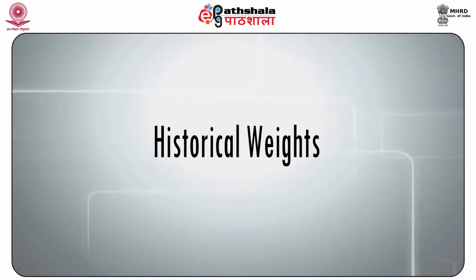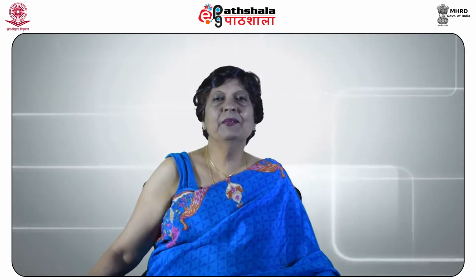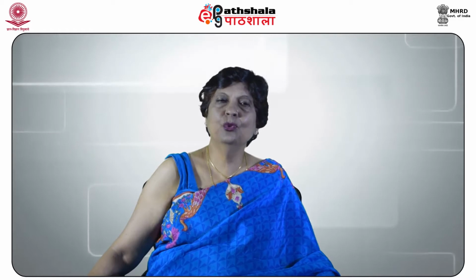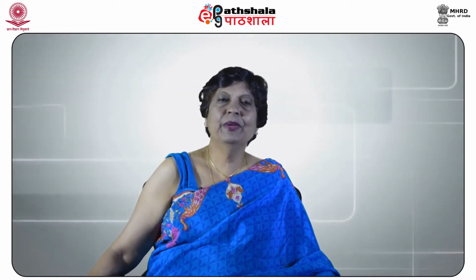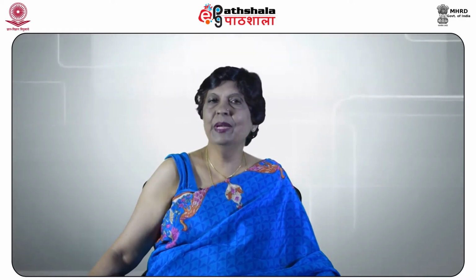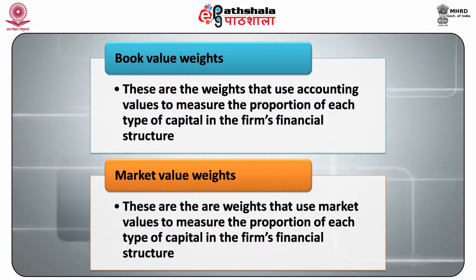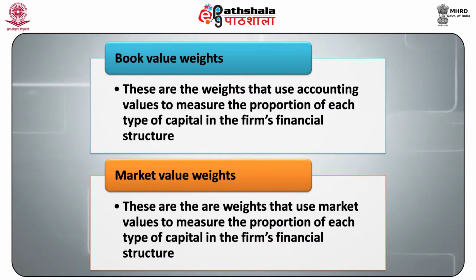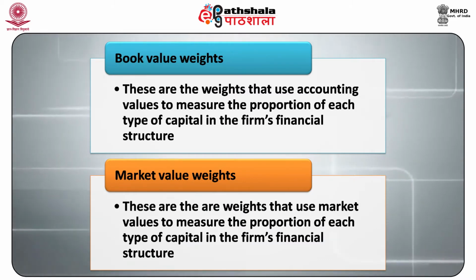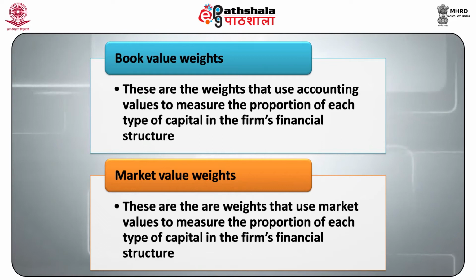Historical weights can further be divided into two types: book value weights and market value weights. Book value weights. These are the weights that use accounting values to measure the proportion of each type of capital in the firm's financial structure. Market value weights.